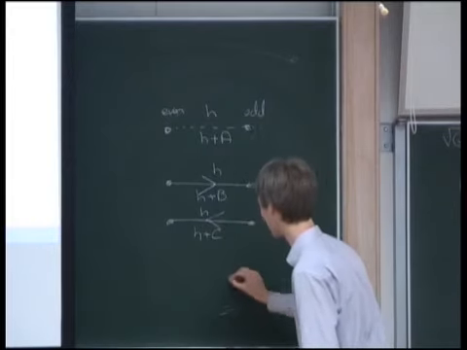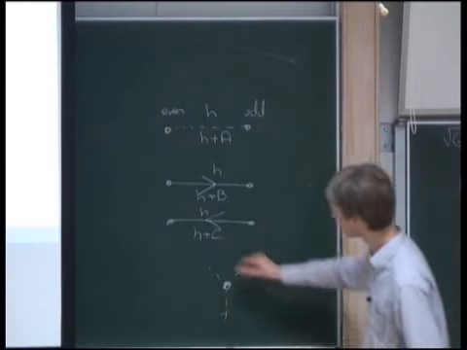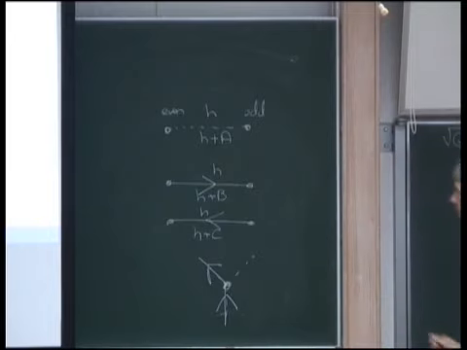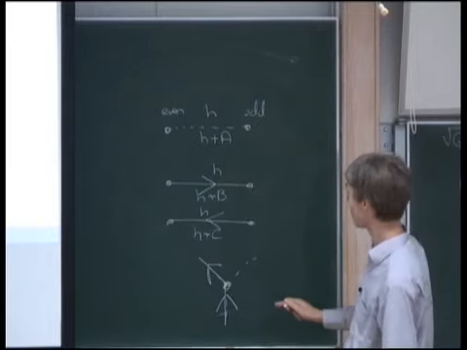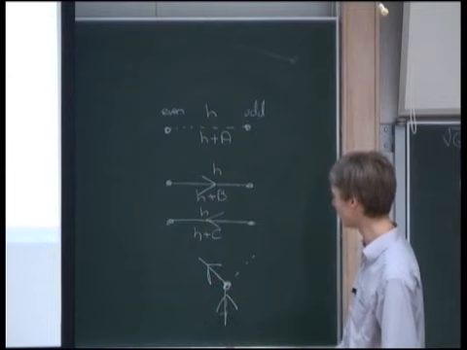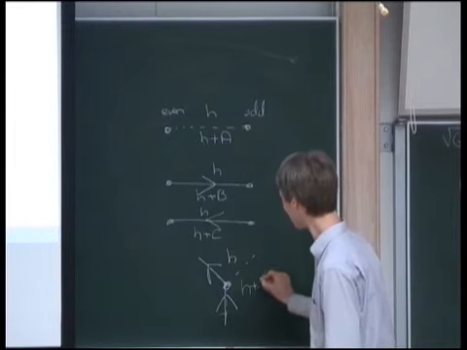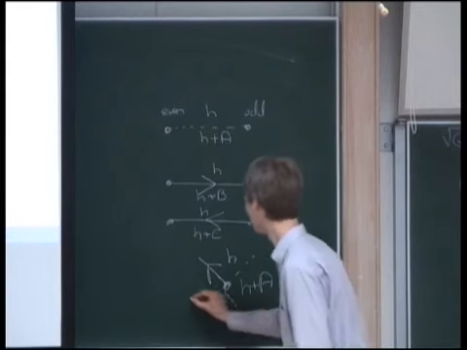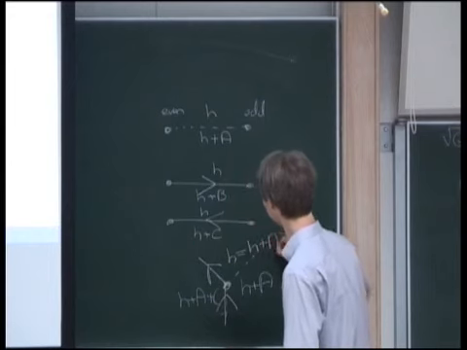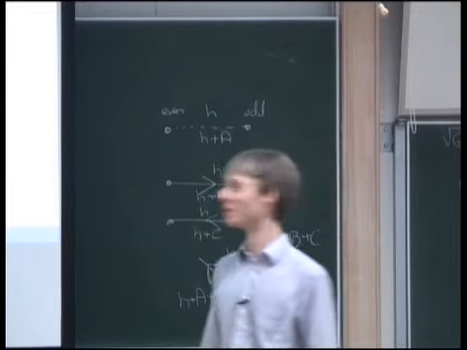And then let me look at what happens at any vertex. Well, at any vertex there is one oriented loop going through. So there is one A-type edge, one B-type edge, and one C-type edge. So if I go around here, I see that I've got H plus A, H plus A plus C, and H equals H plus A plus B plus C. So whatever these A, B, and C's are, they should add up to 0.